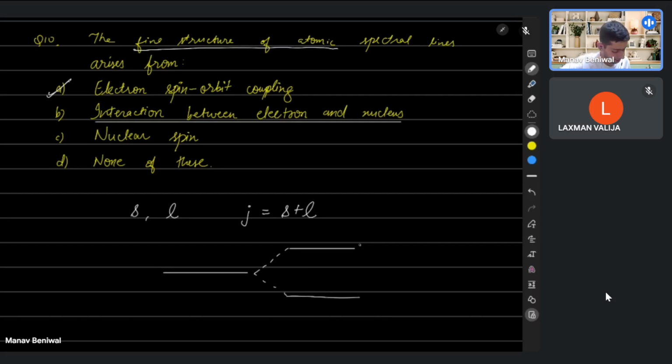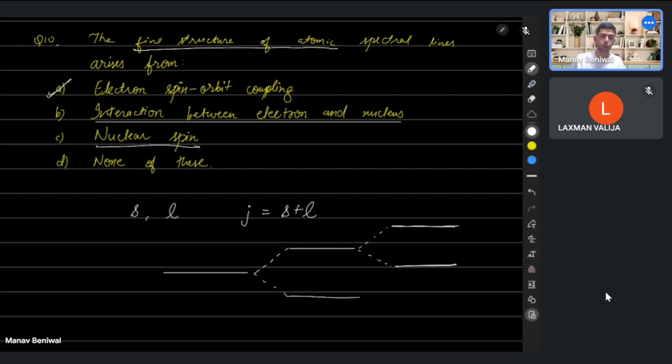Now this can get split further. And this happens because of interaction between electrons and nucleus. When we consider nuclear spin, the nucleus also has its magnetic properties, and we need to consider the effect of the nucleus. Then we get this further splitting.